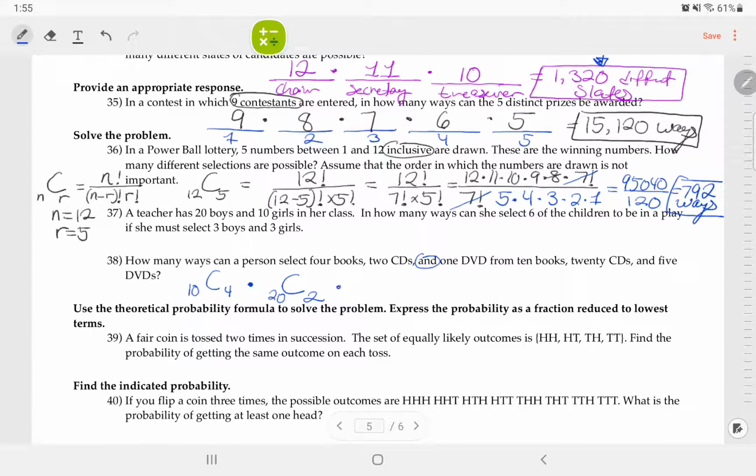And that is going to be multiplied with the combination of me having 5 DVDs in total, and I am choosing 1 DVD in this case. So we're going to calculate the combinations, and then we're going to multiply the numbers.